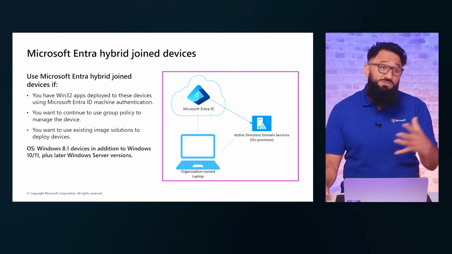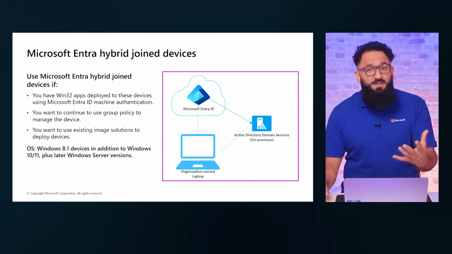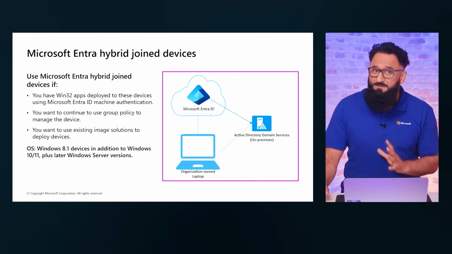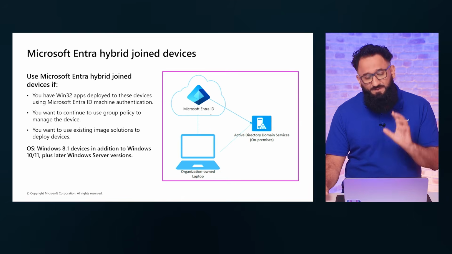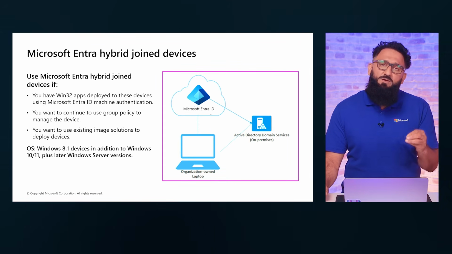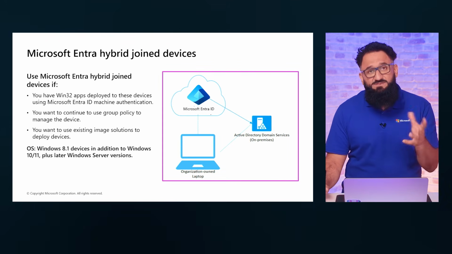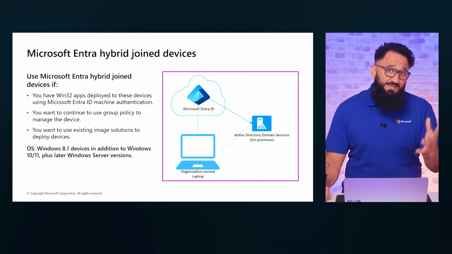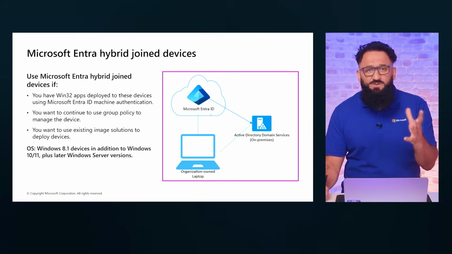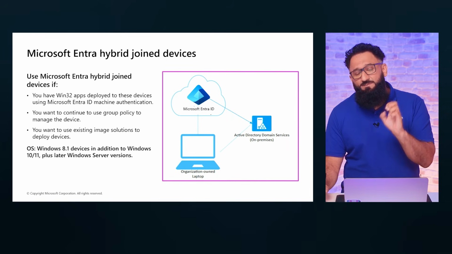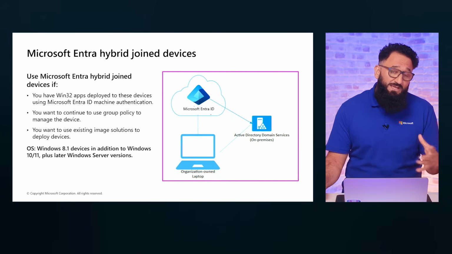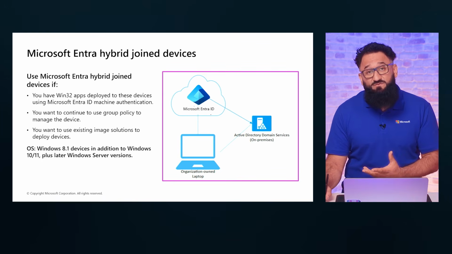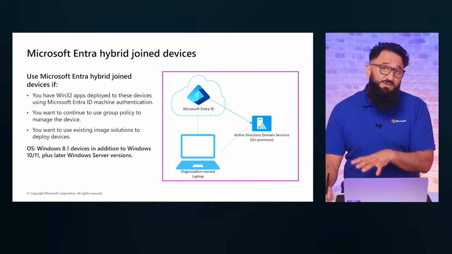If I could move all my devices to be Entra ID joined, that might be an easy solution for me to work with. However, if there are certain restraints, things like I am working with a legacy application such as a Win32 app in my environment that cannot be migrated to cloud, or I don't have a better solution for it, and I can manage that on-prem.